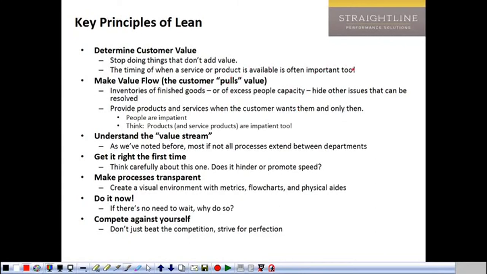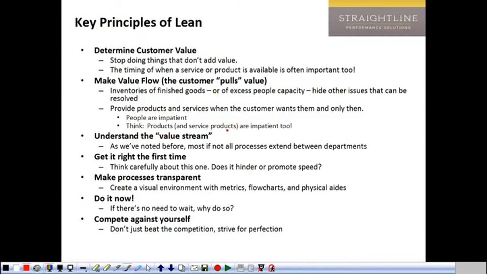So, for example, and we'll talk about this in an example later, when you go into Subway, and people are probably sick of this example, they don't have all these sandwiches pre-made, but when you order something, they pull an order just for you, right? And they have to pull it immediately, otherwise it's not going to be valuable to you. All right, that's probably the simplest way to think about it.